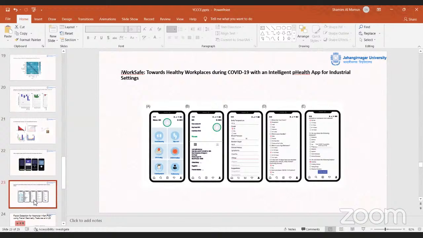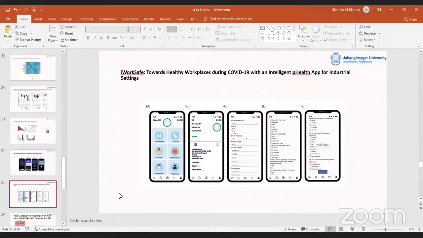Our first work is iWorkSafe, an IEEE Xplore paper from the very beginning of COVID-19. It was the first mobile app and paper and development coming from our side, which helped our remittance garments industry.